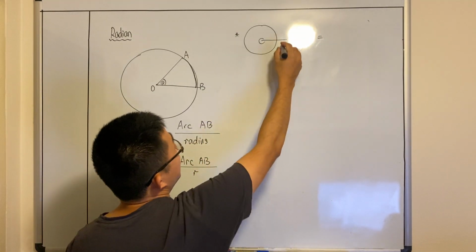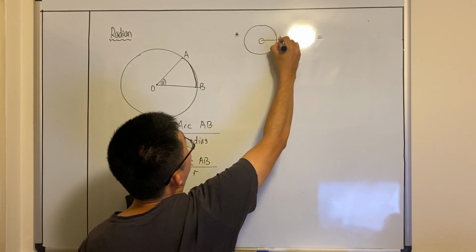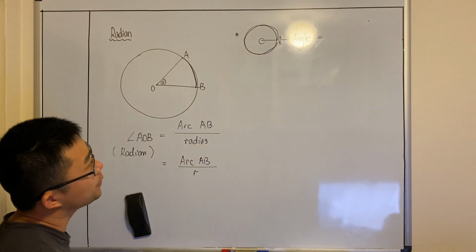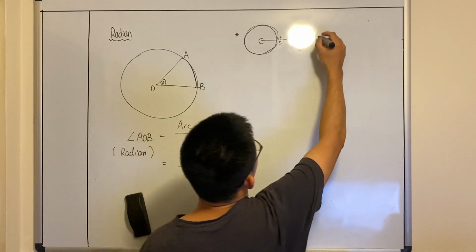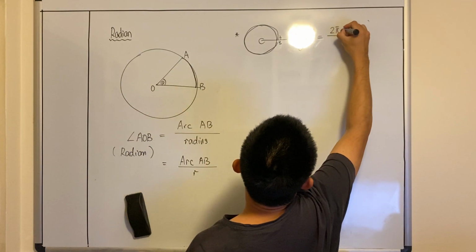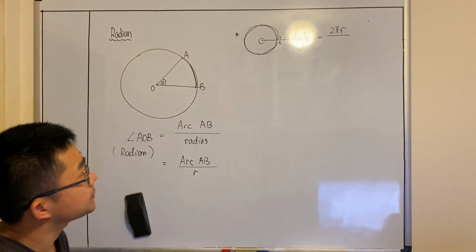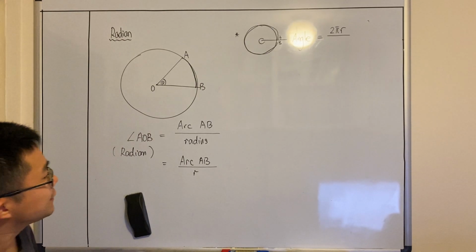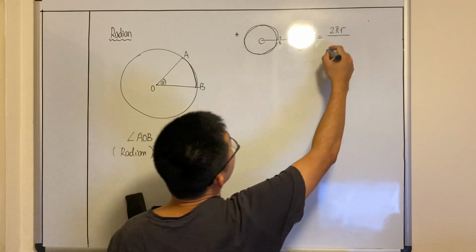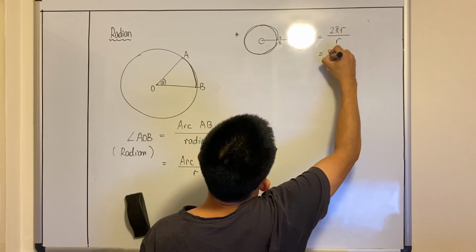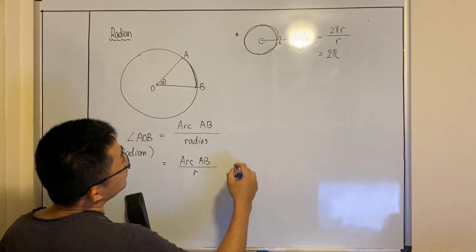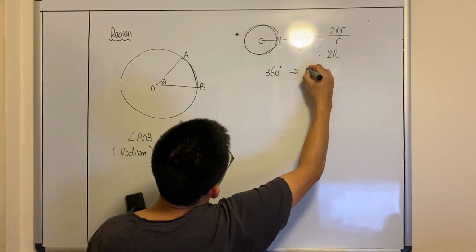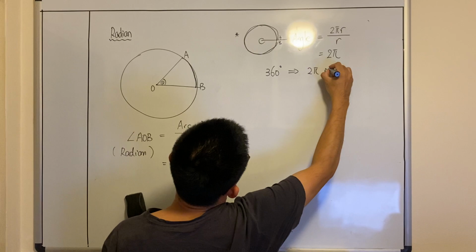Now this time, the arc AB is the entire circumference of this circle. And the circumference of the circle we can calculate using the formula 2 pi r. And if we divide this by the radius r, we're going to get 2 pi. So now 360 degrees is equivalent to 2 pi radians.